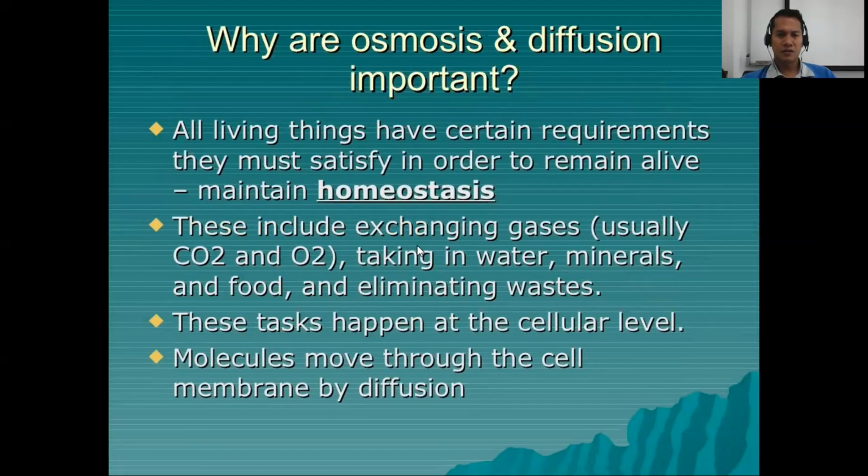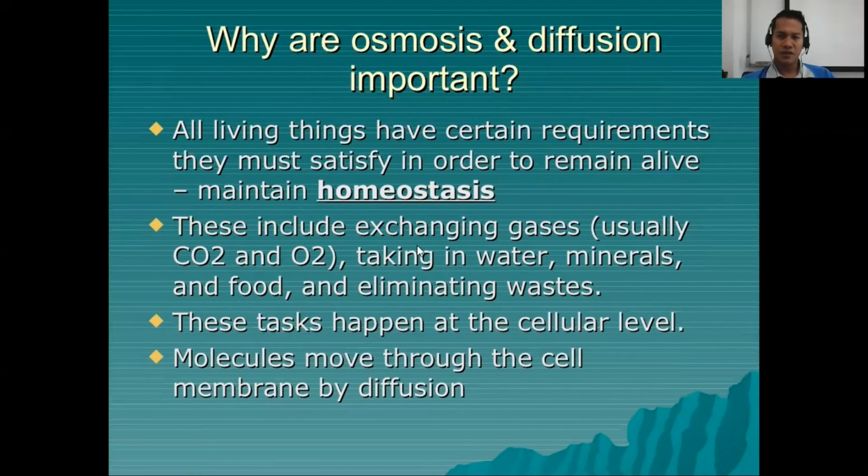So, you might say, so what's the importance? All living things have certain requirements they must satisfy in order to remain alive. We call that homeostasis. Our body, for example, has to maintain the balance, okay?